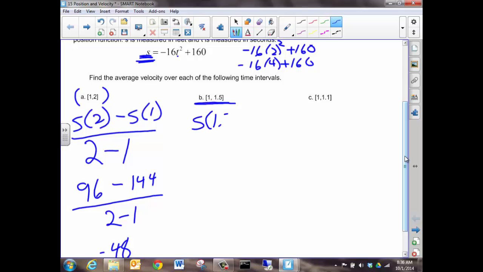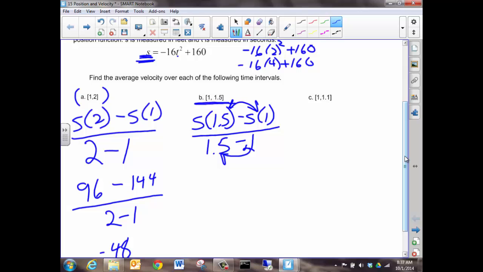S of 1.5 minus S of 1 over 1.5 minus 1. Do I always have to do 1.5 minus 1, the greatest time minus the smallest time? Would I get the same answer if I did 1 minus 1.5? If I change the order of these, I can change the order of these. It's just like finding the slope.